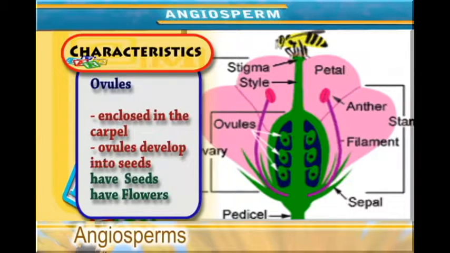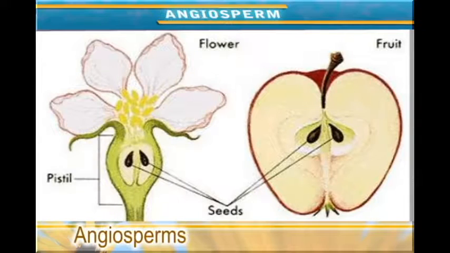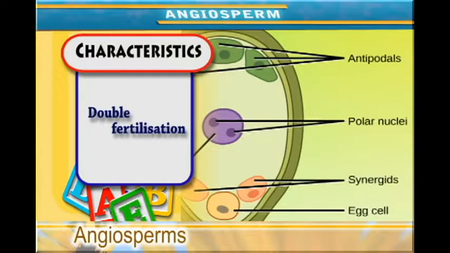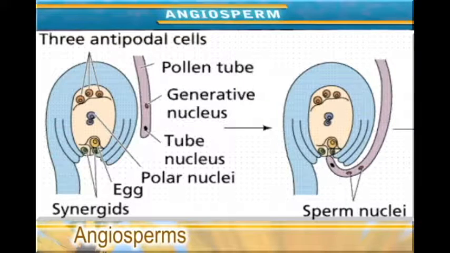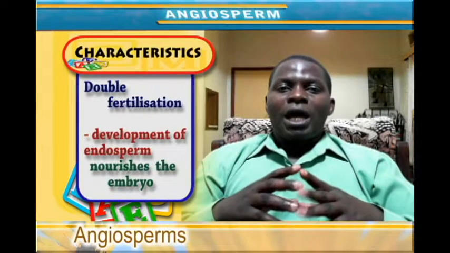So the seeds will develop inside the ovary. Another characteristic of the angiosperms is that they have double fertilization, which leads to the production of the endosperm, which is the nutritive content that feeds the embryo.